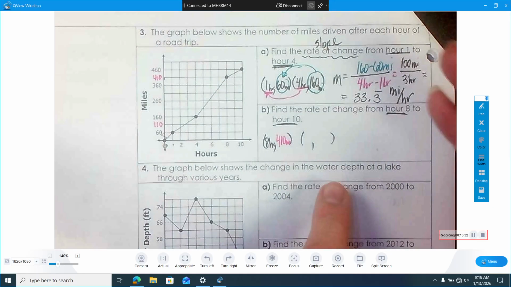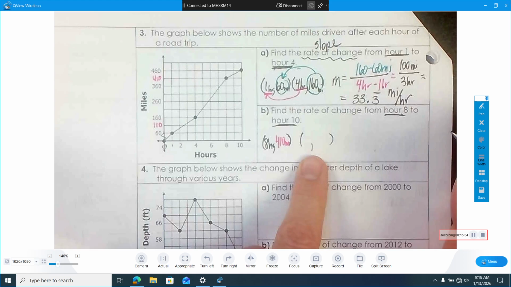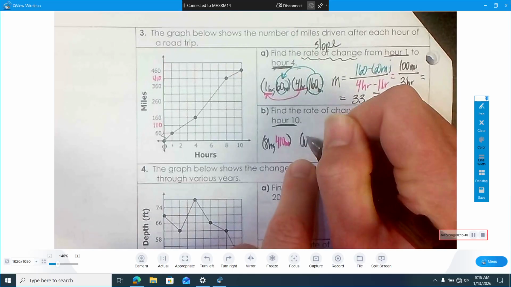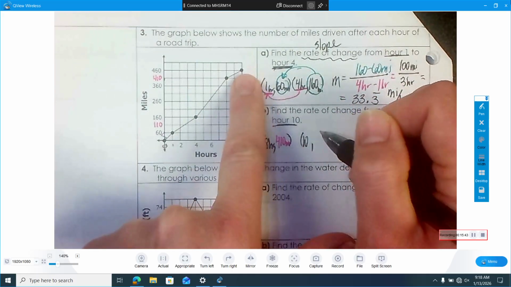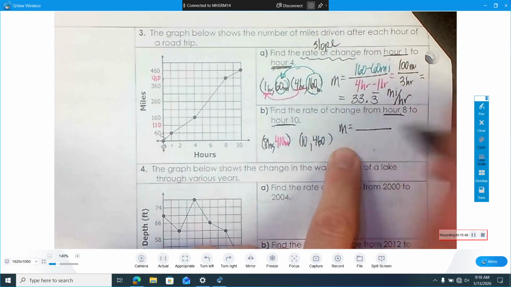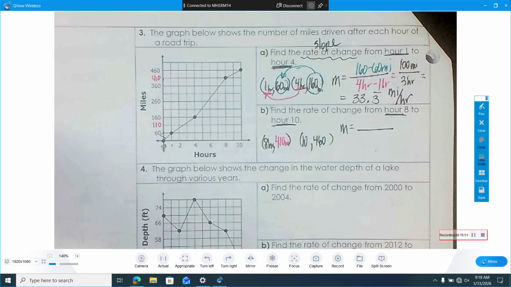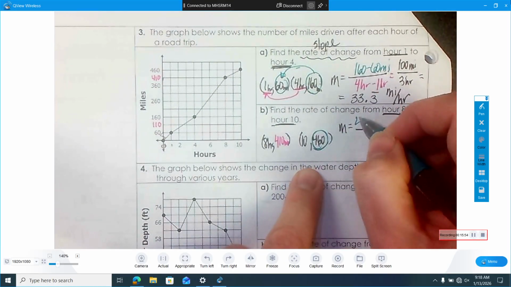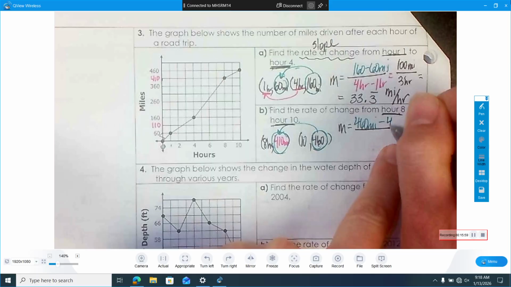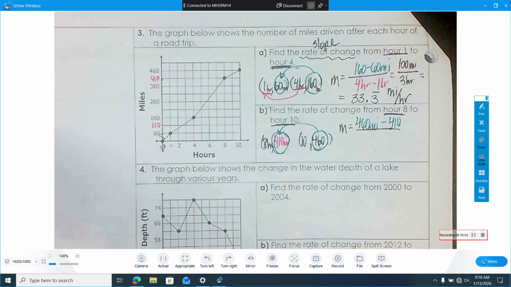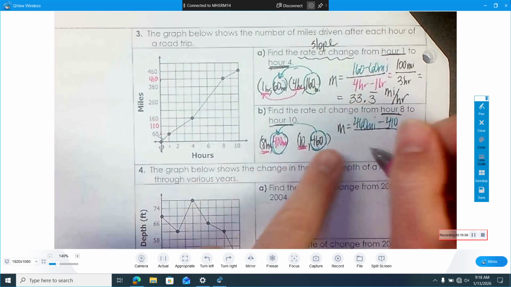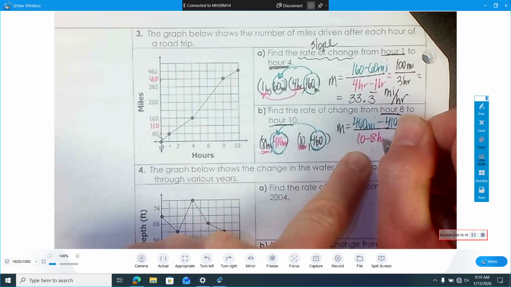And what's my second ordered pair? 10 hours. Yeah, 10 hours. That's here at 10 hours, and that's how many miles, 460 miles. Excellent. So again, I'm just finding my slope, and I'm going to subtract 460 miles minus 410 miles over 10 minus 8, 10 hours minus 8 hours.